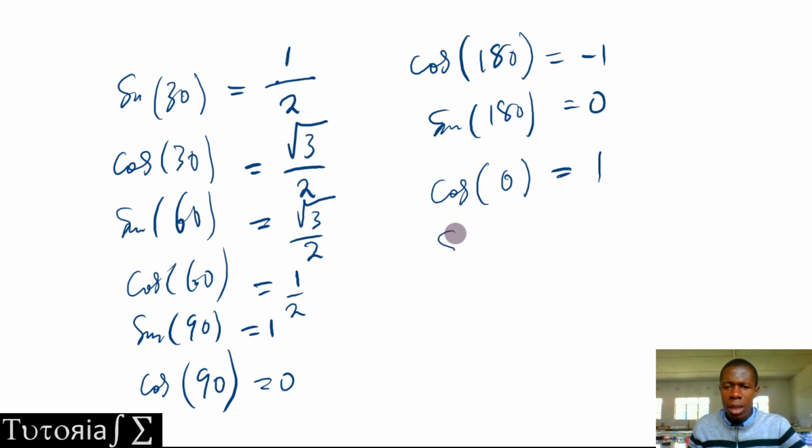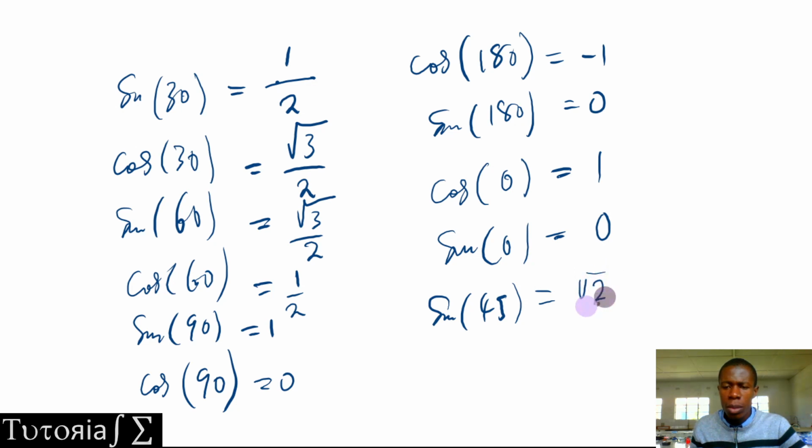Sine of 0 is 0. And of course we have two more. That is sine of 45 degrees, which is root of 2 over 2. The same applies to cos of 45. They have the same value, which is root of 2 over 2.